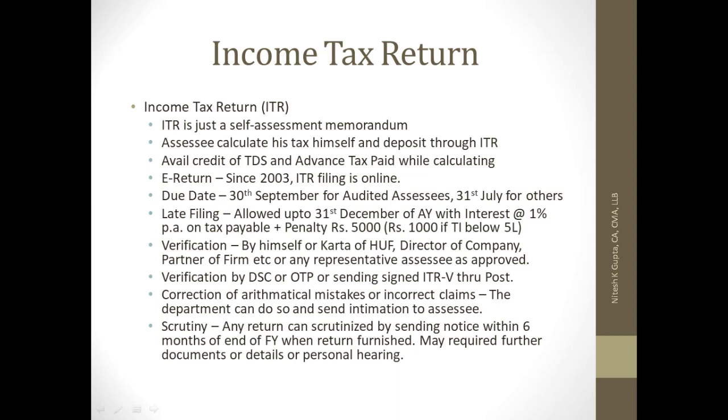They can scrutinize any return by sending notice within 6 months from the end of the financial year when the return was furnished. And they can require you to submit any documents, details, or even personal hearing. So returns are being scrutinized. Any return can be scrutinized within 6 months of the financial year end.